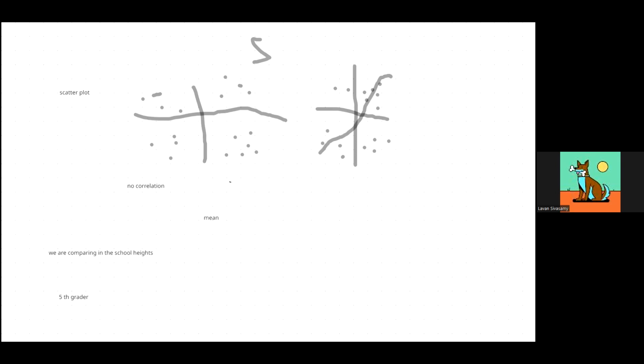And the negative correlation is when the x value gets bigger, the y value gets smaller. So if there's dots right here, then there will be dots right here, and there's one dot like that. So as the x gets bigger, the y is going to get smaller. That is called a negative correlation.